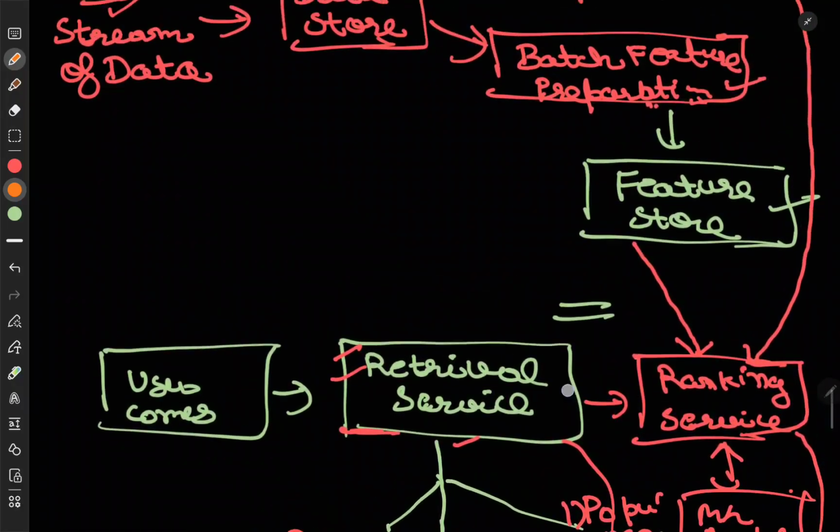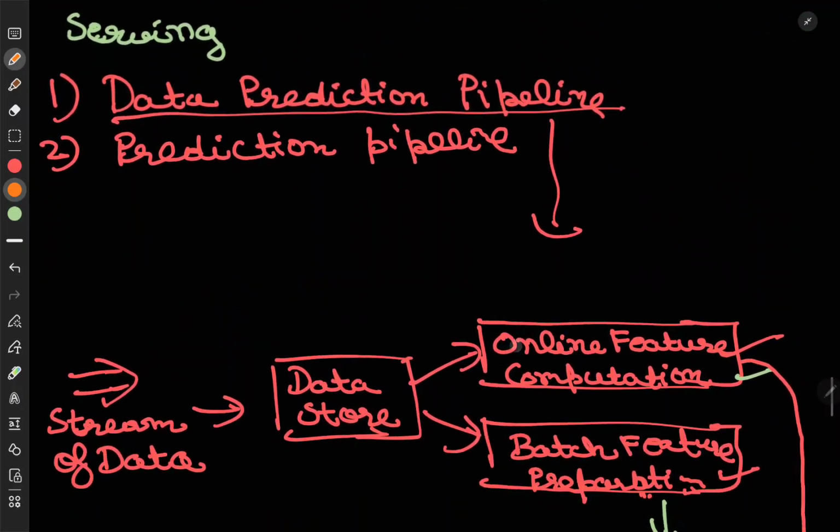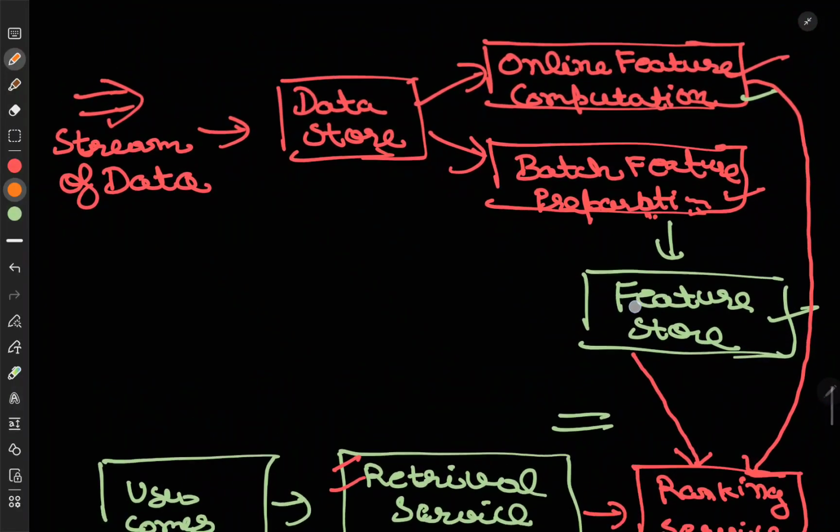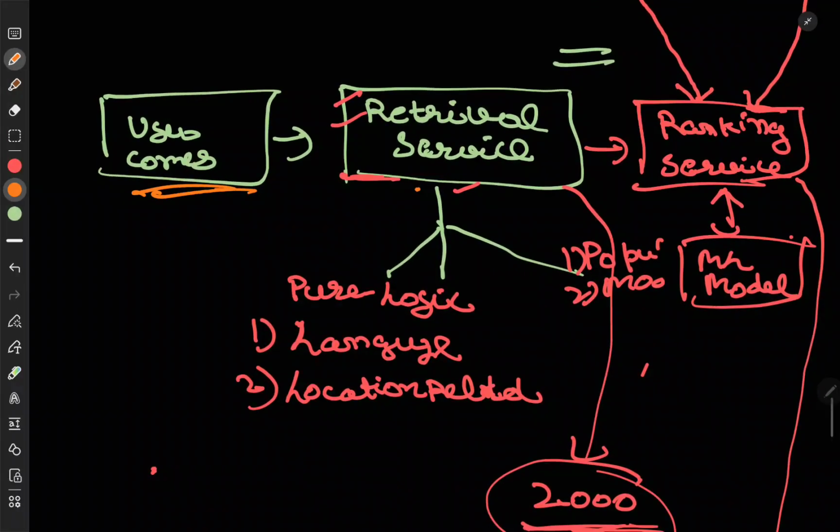Then for a new user, whenever a new user comes, the retrieval service is going to show popular posts, the most commented or most shared posts. And once the user likes and comments on them, we are going to eventually retrain our model every other day.